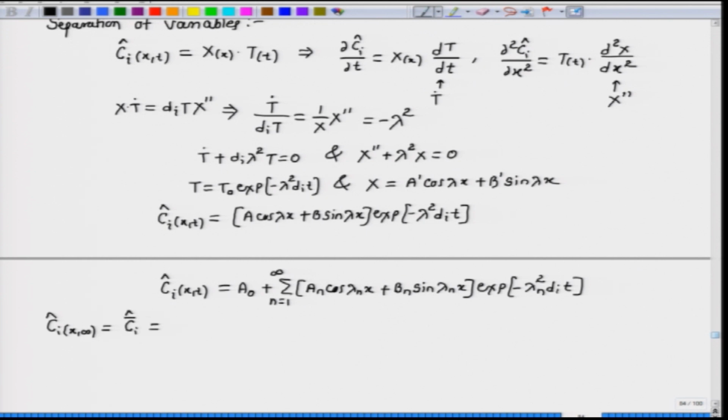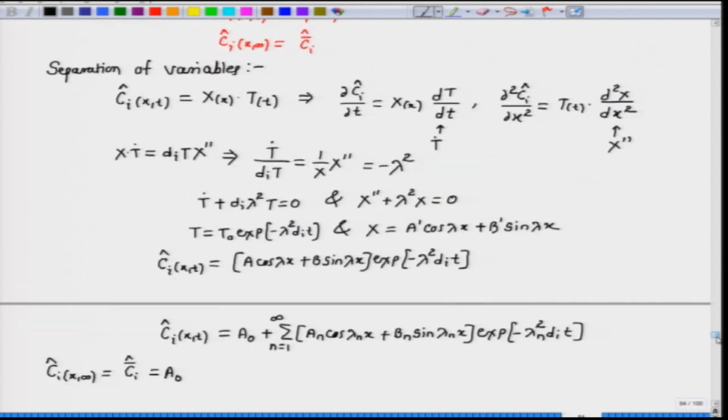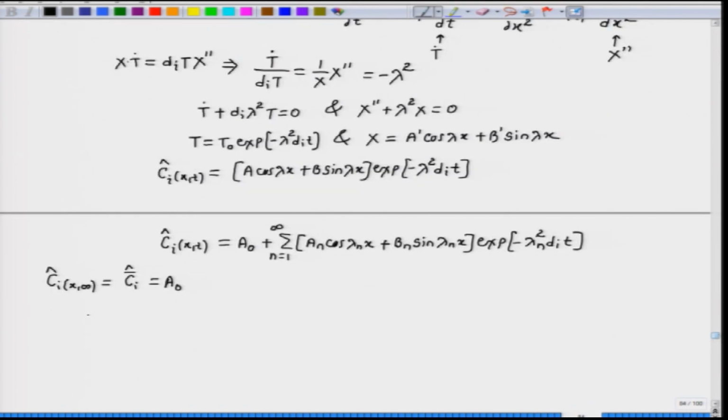If we substitute t equal to infinity in this equation, exponential minus infinity is 0. So, we get a0 equal to ψ̄̂.